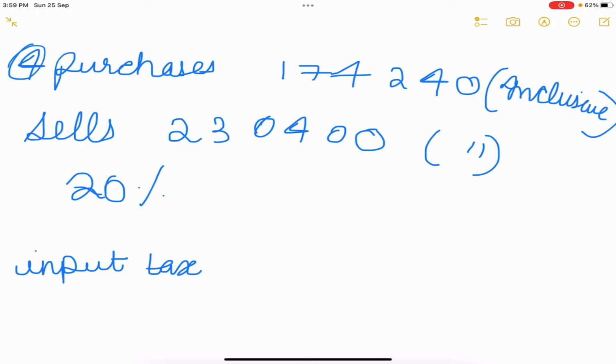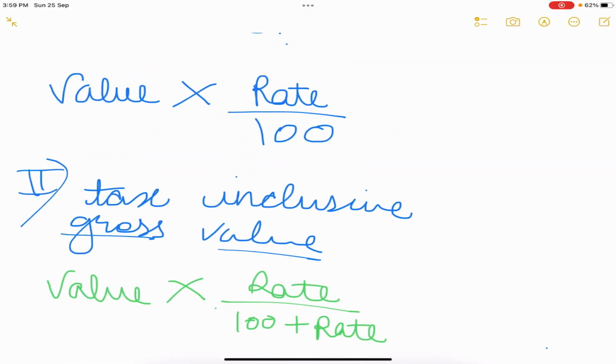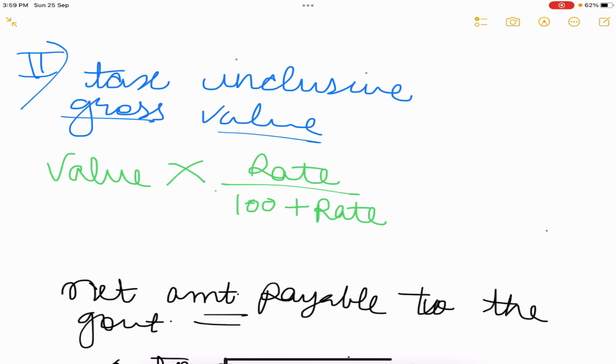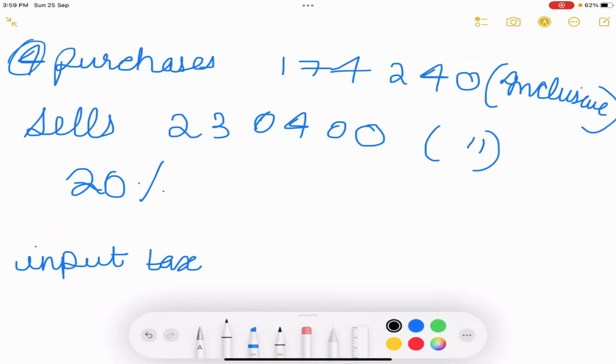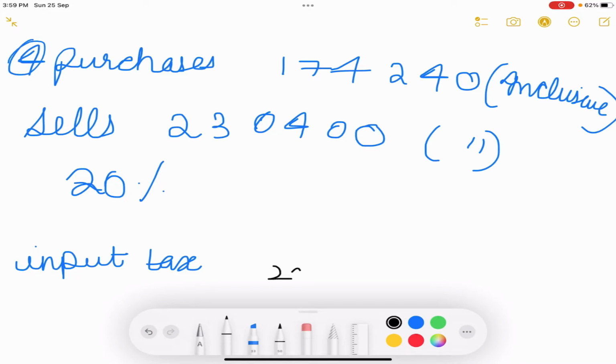So when something is inclusive, you have the gross value, which means rate upon 100 plus rate, right? Rate upon 100 plus rate, 20 upon 120, multiplied by the value 174240.